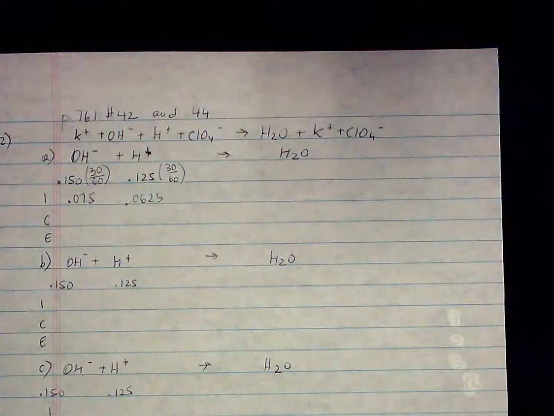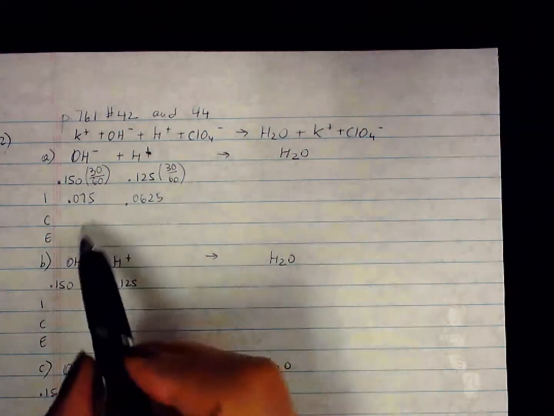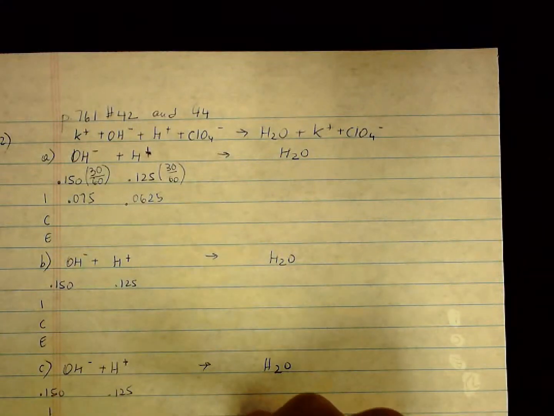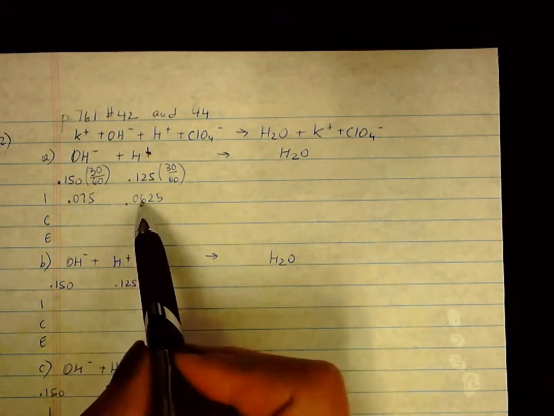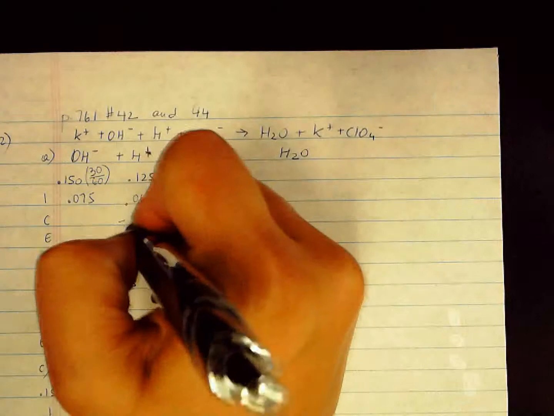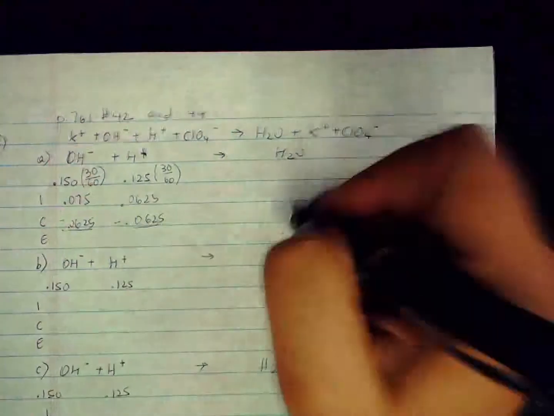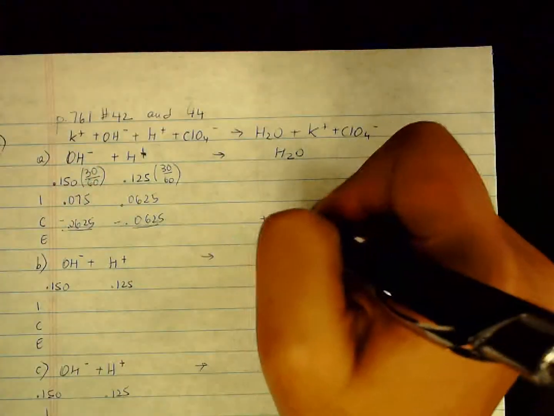Alright? Now, you should realize that at this particular point, one of these two substances is a limiting reactant, and the limiting reactant is going to be hydrogen. So you're going to lose 0.0625 from both columns here on the left-hand side, and that's how many moles of water you're going to gain.